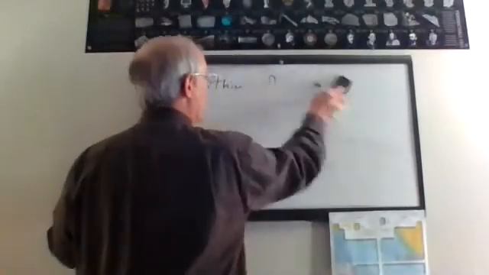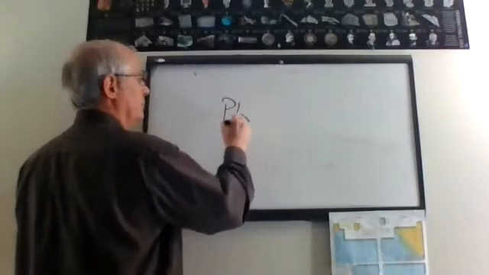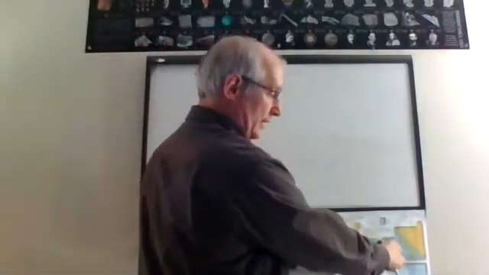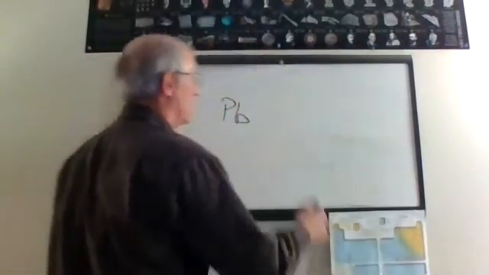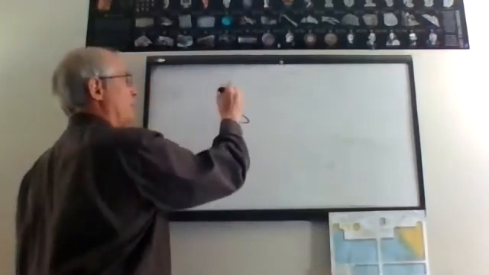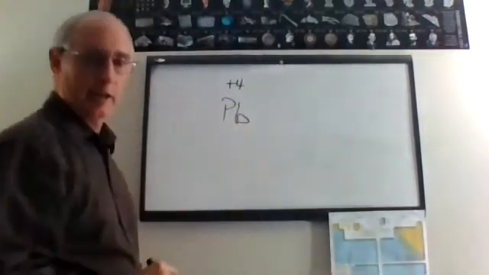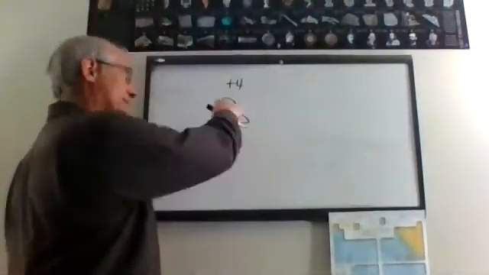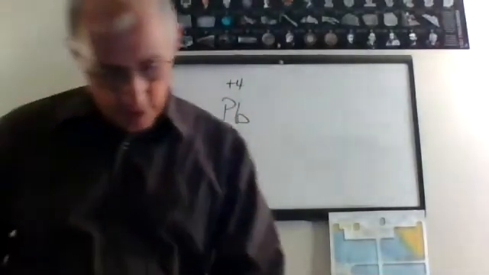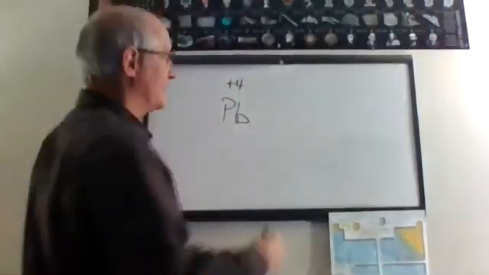Well, it's going to be Pb for lead, plumbum. You've got to find lead and its symbol. If it's lead Roman numeral 4, that means it's a +4 variety of lead. If you look at table 2, you can see that lead is either a +2 or a +4. This time it's a +4 in this compound with phosphorus.